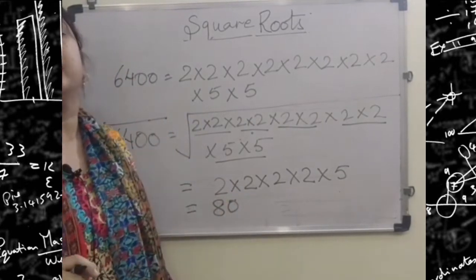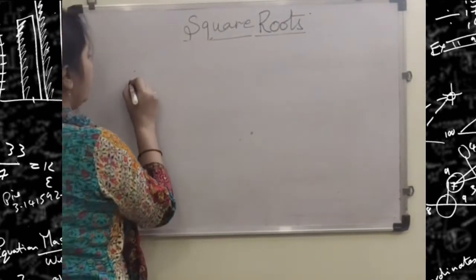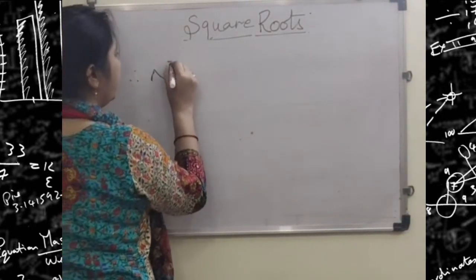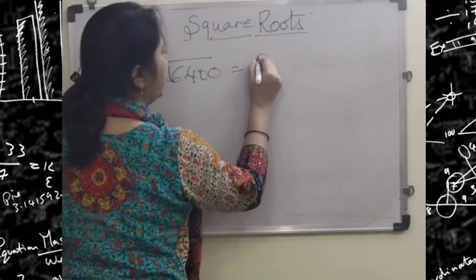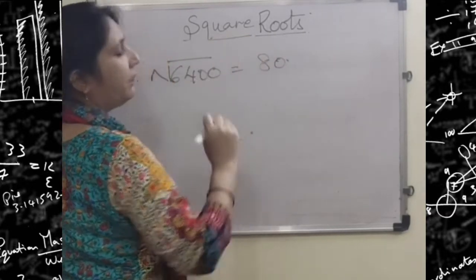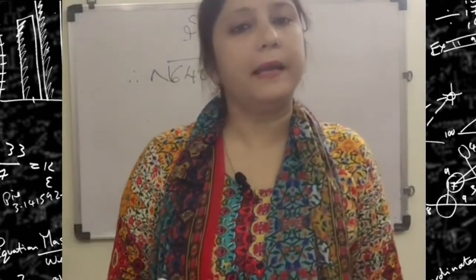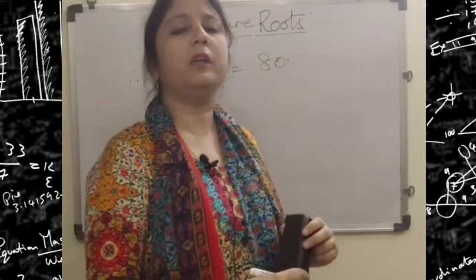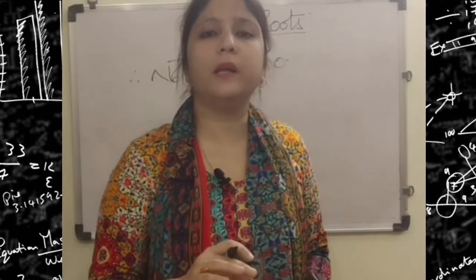Therefore, square root of 6400 is equals to 80. This way you can find square root of any number by using prime factorization method without any problem.